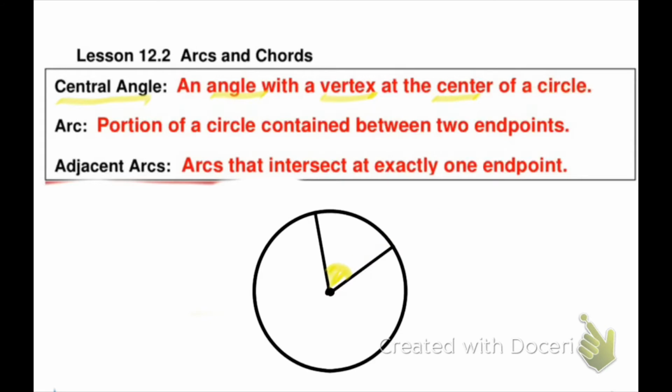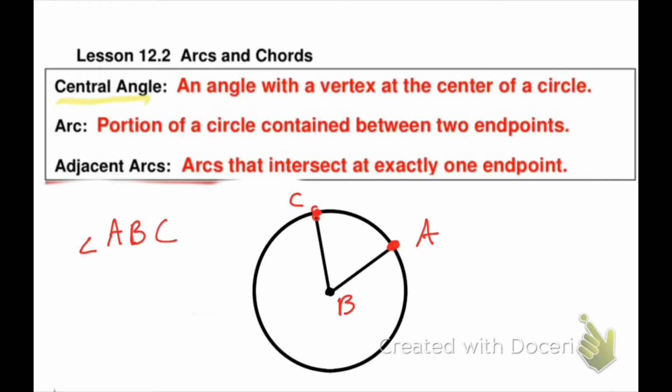Now let's go ahead and label different points here. Let's say that is point A, the center B, and point C. So my central angle, I'm going to say that is angle ABC.